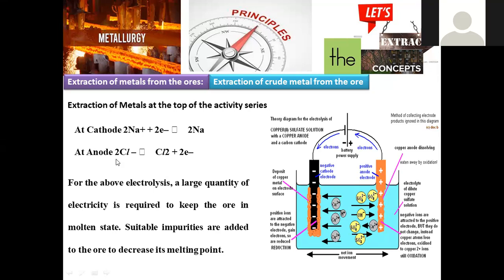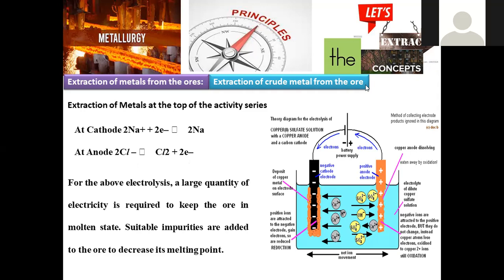At the anode, we have chloride ions. Being chloride ions are associated with negative charge, here the negative charge is losing electrons in this manner and converted into chlorine gas, and that will be evolved at the anodic region. In this electrolysis, a larger quantity of electricity is required.